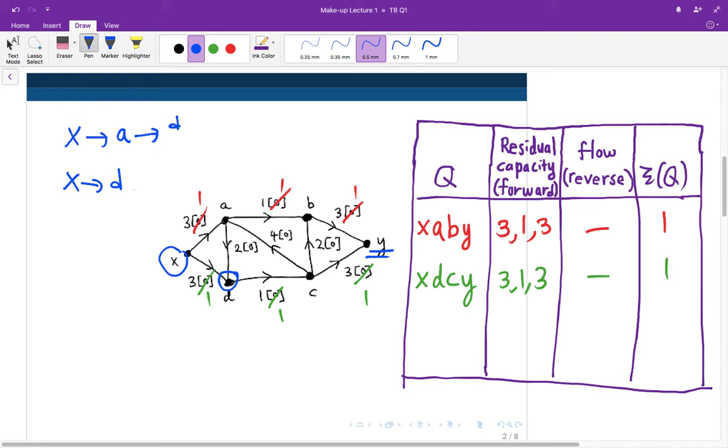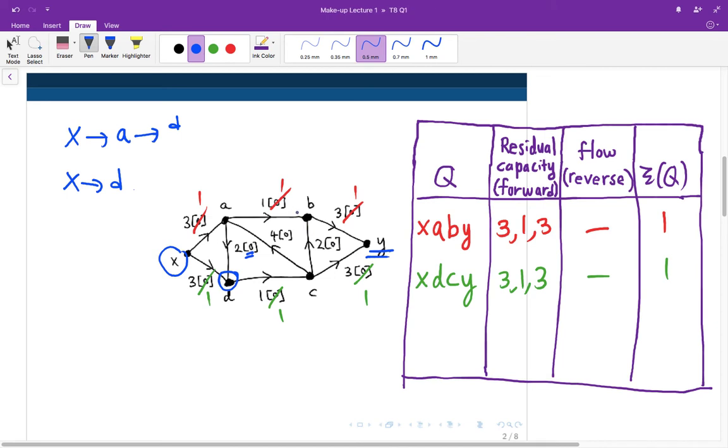Now, we can only do this if the flow of the reverse arc is not zero. But unfortunately, you see the flow along this arc is zero. So I can't go from D to A. And hence I'll be stuck at D, and as before, will not be able to reach the sink Y, and hence there will be no f-incrementing path.